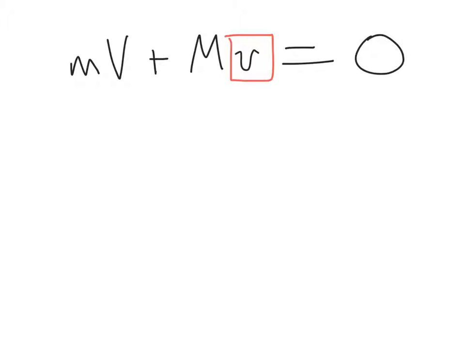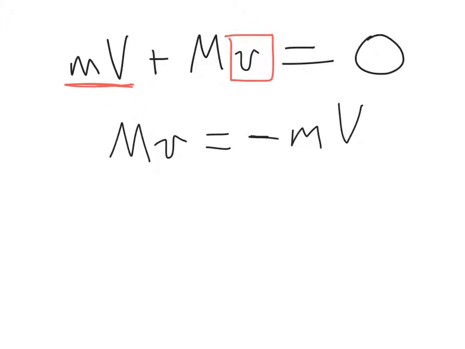So what I can do is I know that I can subtract this term from both sides, and what I'll end up with is m times little v is equal to minus little m times big V. So I just took this guy here and brought him over on the other side of the equal sign so that I could solve for this v here. Now finally I want to divide both sides by this capital M, and that will get me little v by itself.